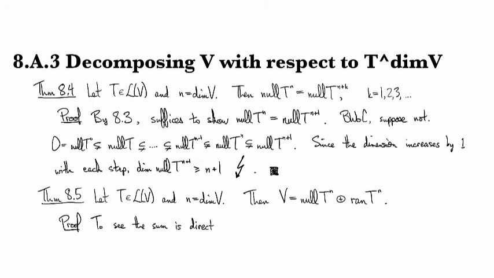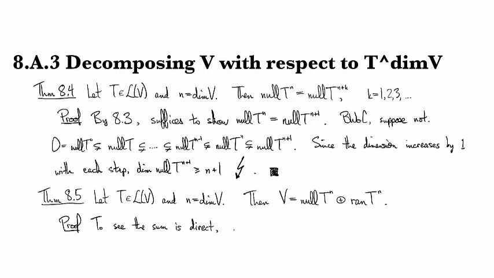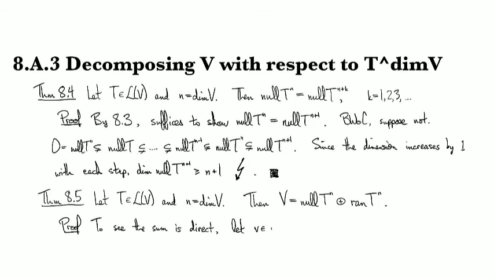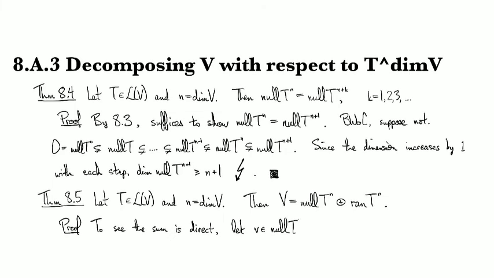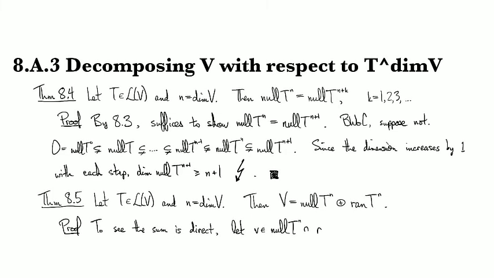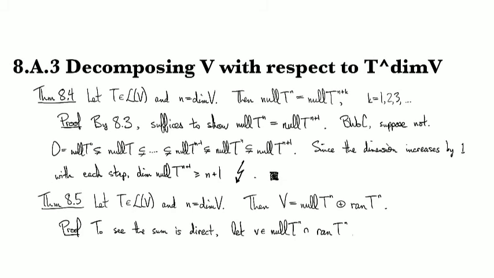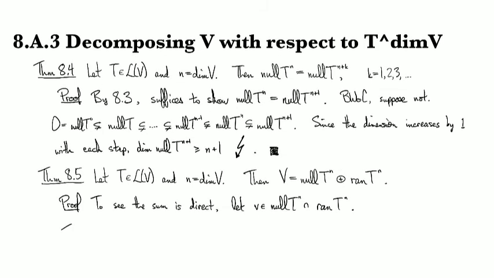So first we show the sum is direct, and then we show V equals the sum. So to see the sum is direct, we'll take something from the intersection. So let v be in the null space of T to the n intersect the range of T to the n. Okay, so what does that mean?